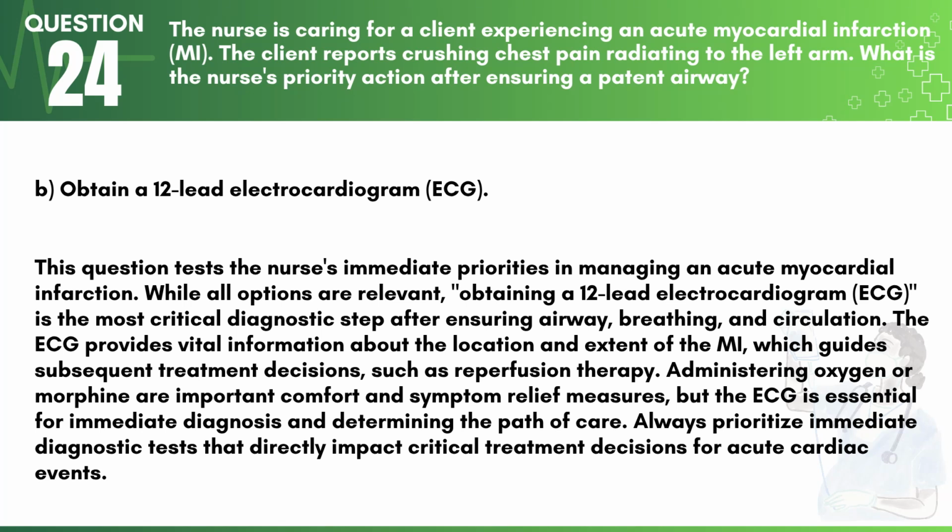The ECG provides vital information about the location and extent of the MI, which guides subsequent treatment decisions, such as reperfusion therapy. Administering oxygen or morphine are important comfort and symptom relief measures, but the ECG is essential for immediate diagnosis and determining the path of care. Always prioritize immediate diagnostic tests that directly impact critical treatment decisions for acute cardiac events.